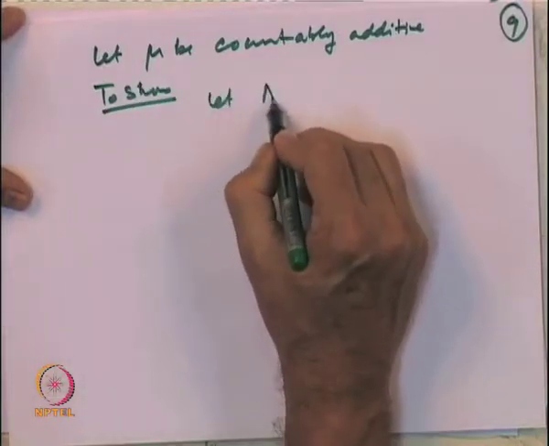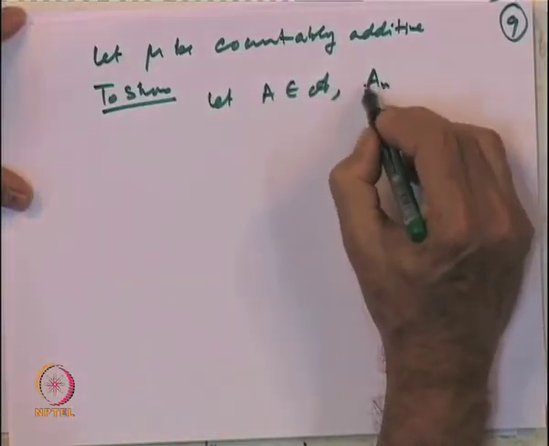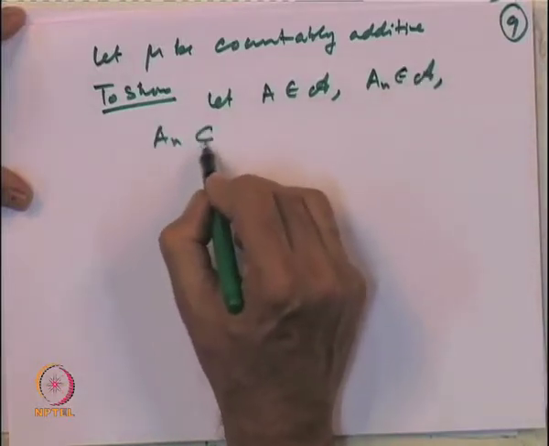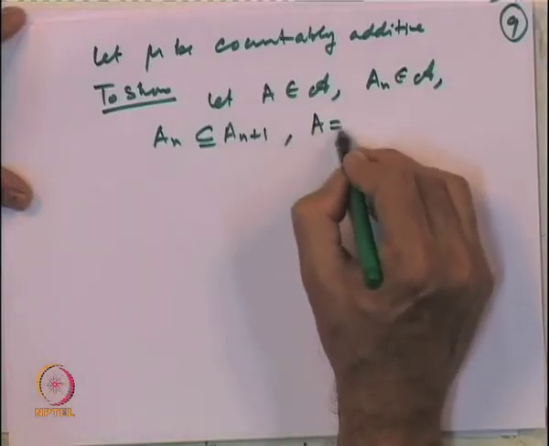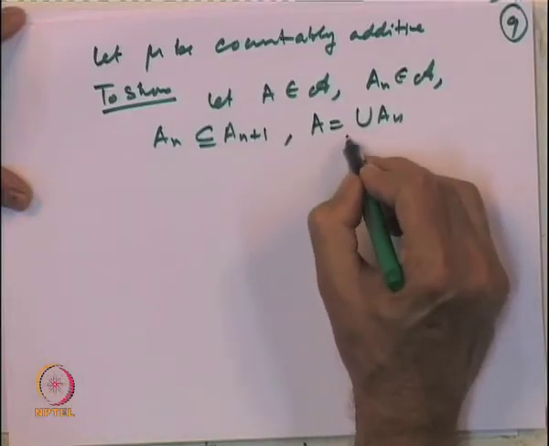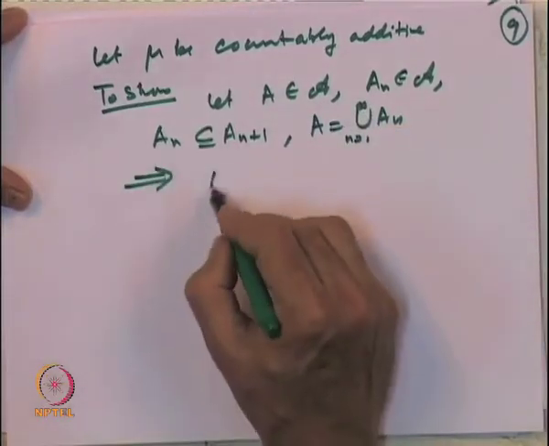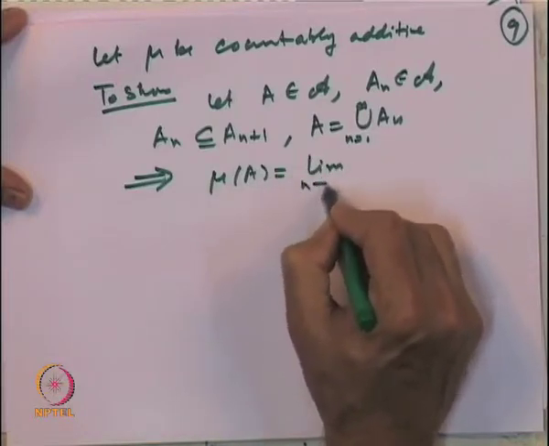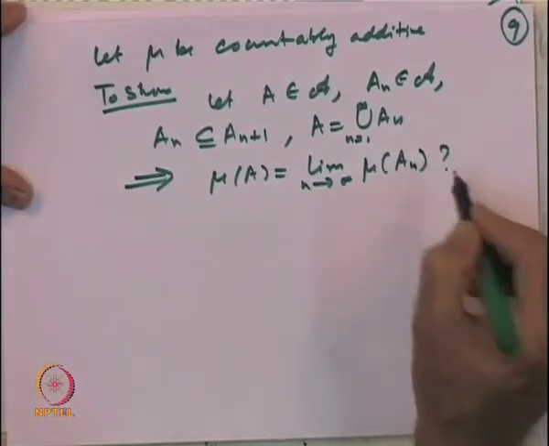Let us take a set A belonging to the algebra, take a sequence A n's belonging to the algebra such that A n is a subset of A n plus 1 and A is equal to the union of A n's. We should show that mu of A is equal to limit n going to infinity of mu of A n's. So, that is what is to be shown.